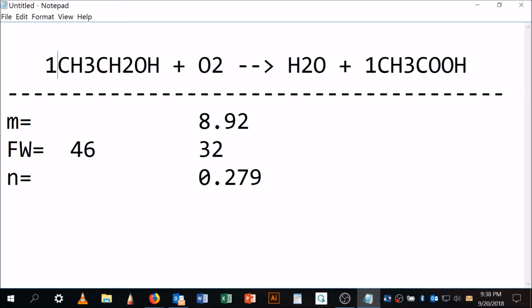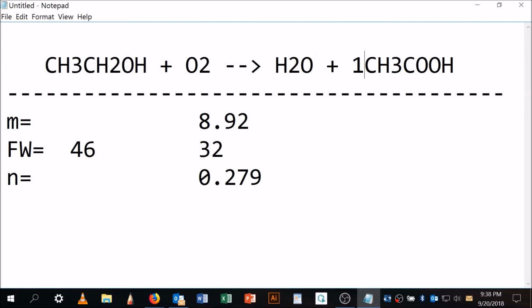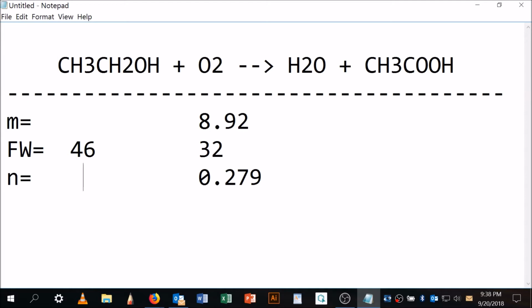All right, so this is already balanced. I'm going to get rid of those 1s. This is already balanced, and so I know it's a 1-to-1 ratio. Well, if it's a 1-to-1 ratio, this is 0.279, right? You see that?